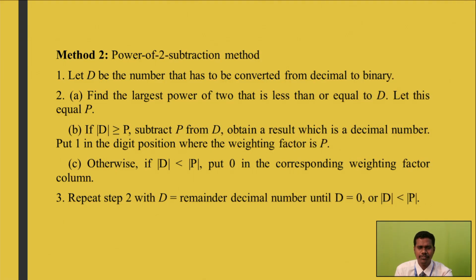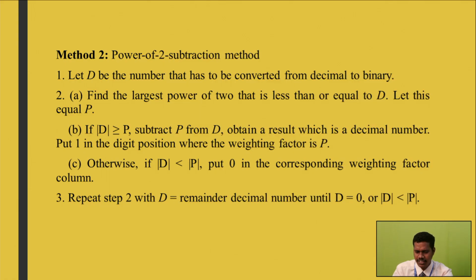Based on that number we draw a table that we use to find the binary number. If a decimal number D is given, we need to take that D and find the highest power value lesser than or equal to that value D.